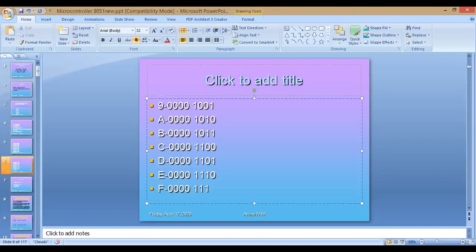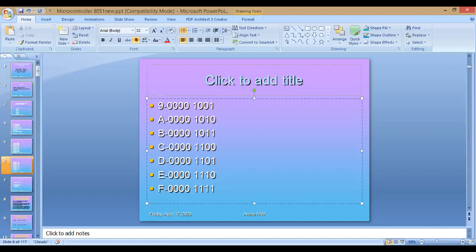So F is the last 4-bit number, and if we increment after F, the number will be 16 in hexadecimal.